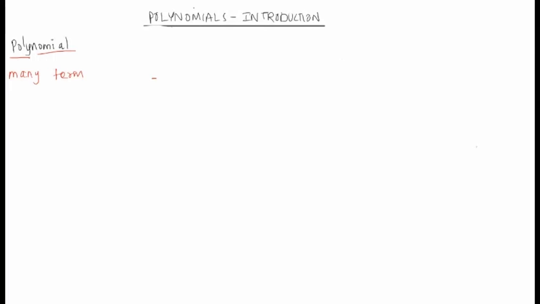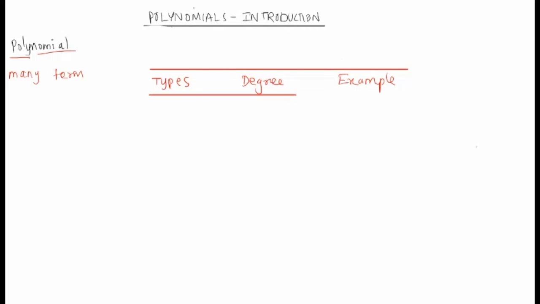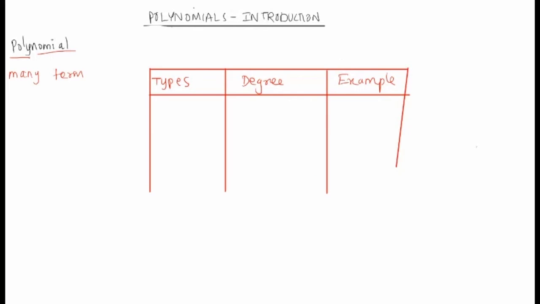So here we write the type of polynomial, degree, and one example. When a polynomial is called a cubic polynomial, its degree would be 3, and the example is 3x cubed plus 4x squared minus 7.